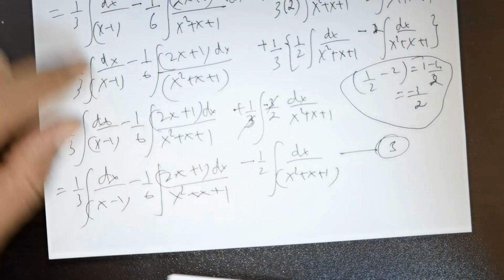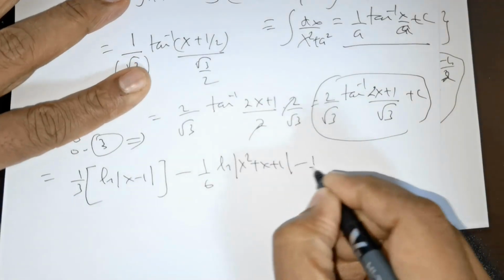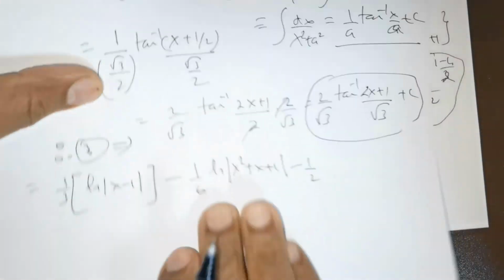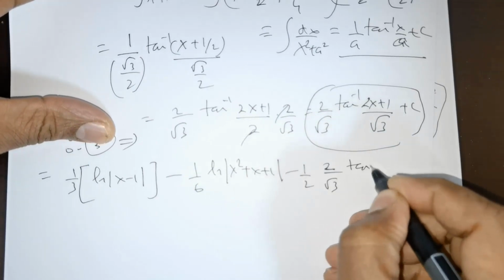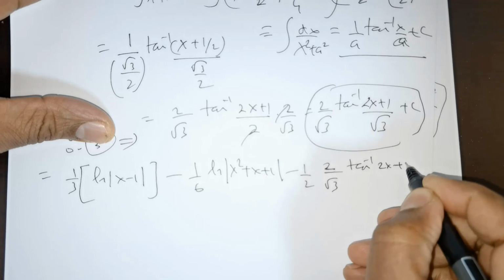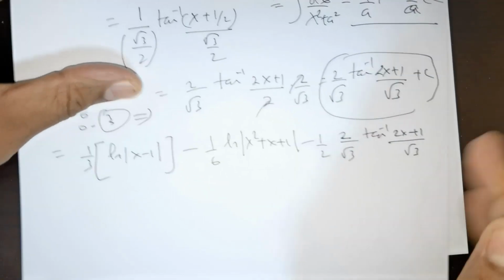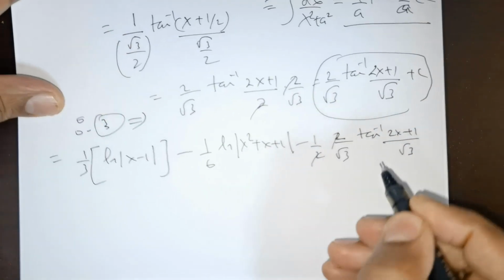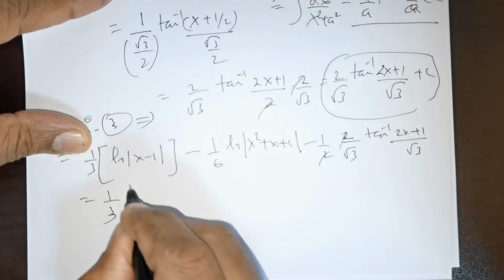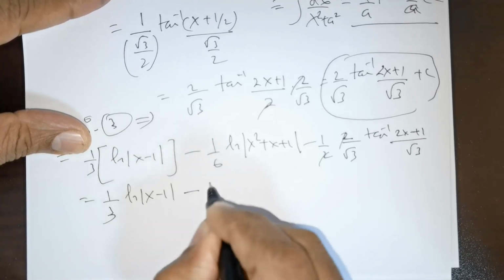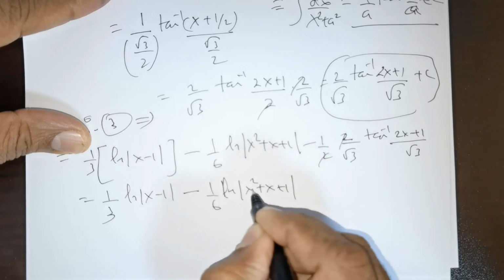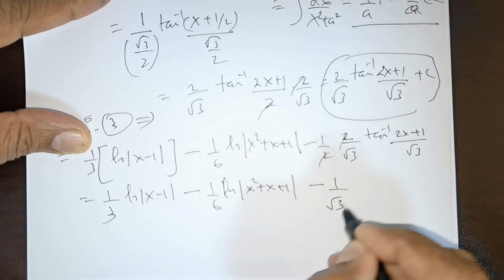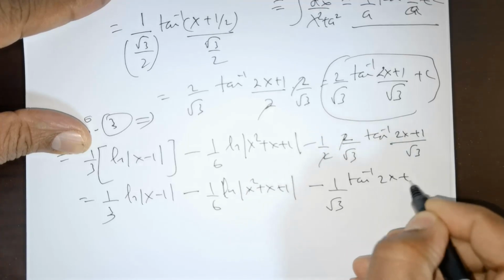And the last one is negative 1 over 2, and what have you got? You got 2 over root 3 tan inverse of (2x plus 1) divided by root 3. Now the 2s are cancelled, giving me 1 over 3 ln modulus of x minus 1, negative 1 over 6 ln of x squared plus x plus 1, negative 1 over root 3 tan inverse of (2x plus 1) divided by root 3. So this is what we have got.